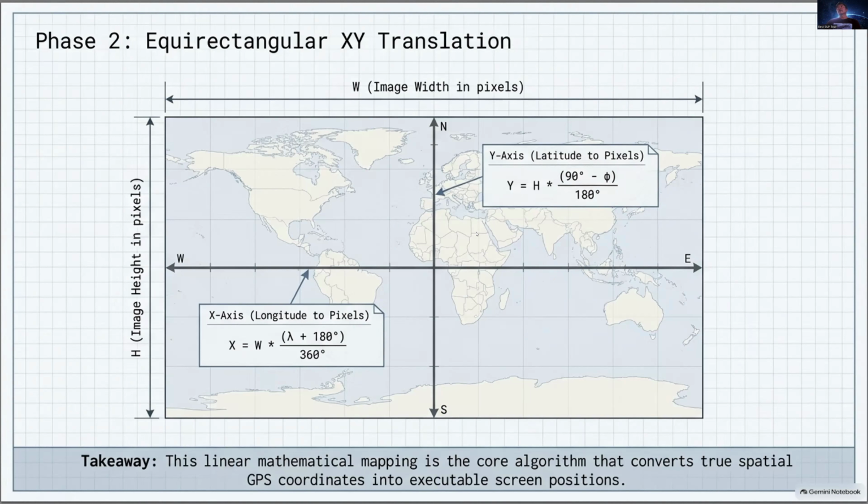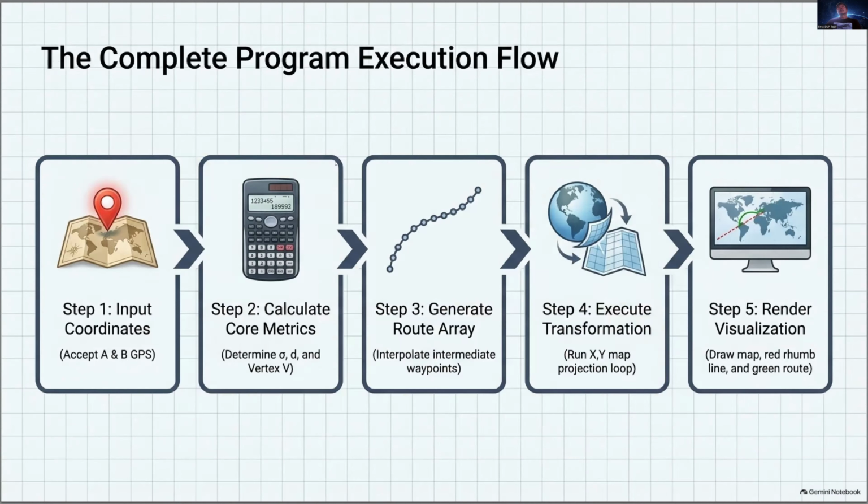Can mark V on the map exactly from X equals minus 180 to 180, Y equals minus 90 to 90. The workflow of programming for the great circle route.